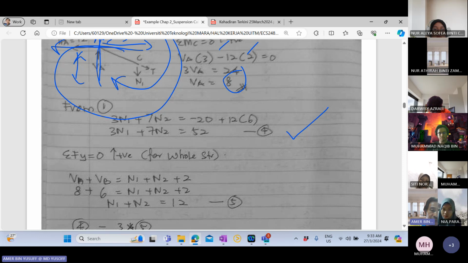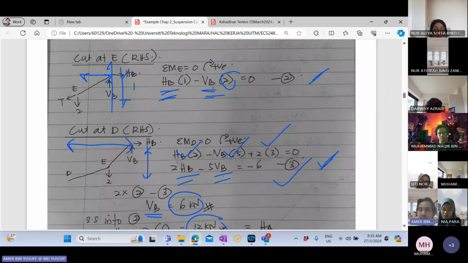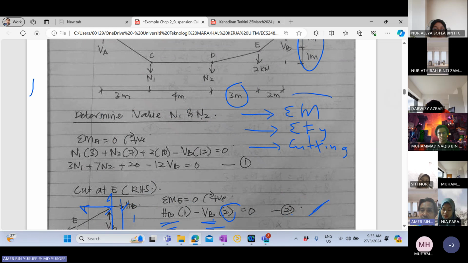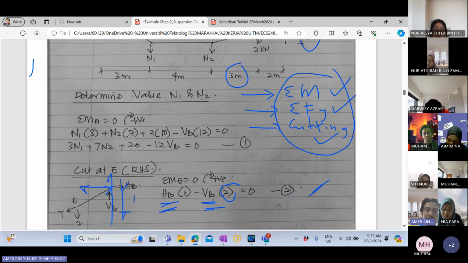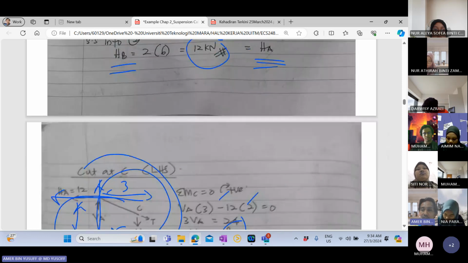Okay, next. Saya apply pula summation of force in Y. Kalau you still remember tadi, saya dah mention awal-awal tadi, ini je equation yang kita pakai: summation of moment, summation of force in Y, cutting. Dan apa yang kita buat ni, summation of moment, lepas tu saya buat cutting. Summation of force in Y, saya tak buat lagi. So summation of force in Y, saya buat last sekali.